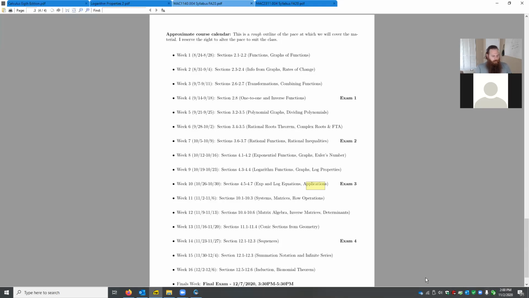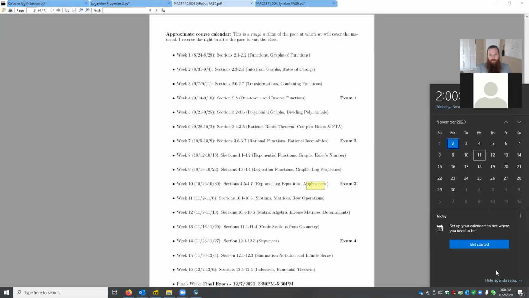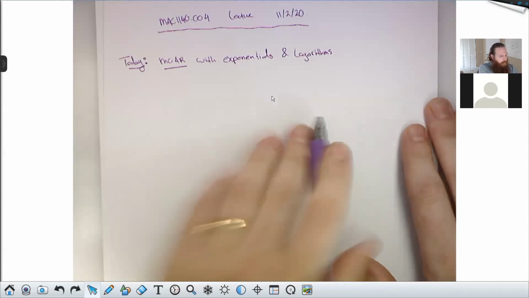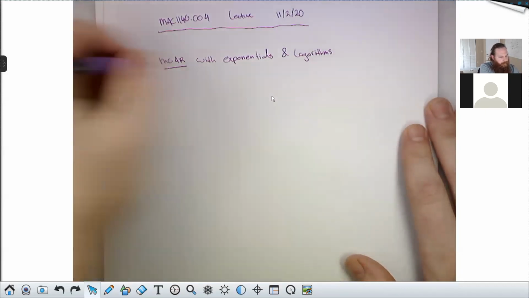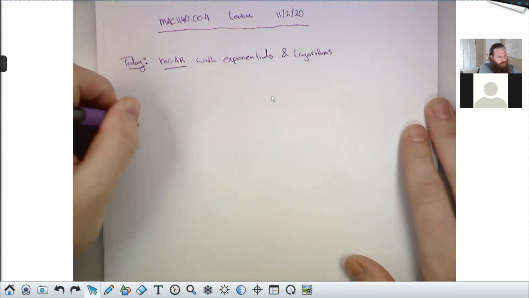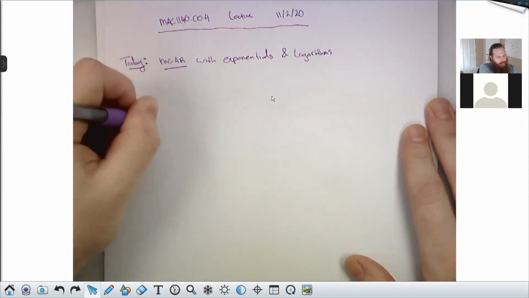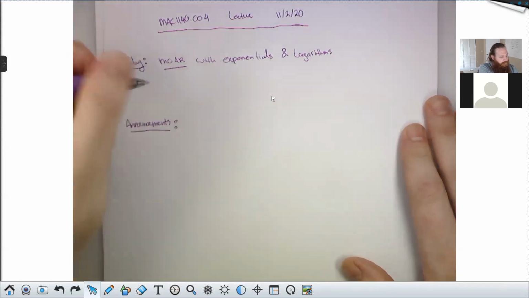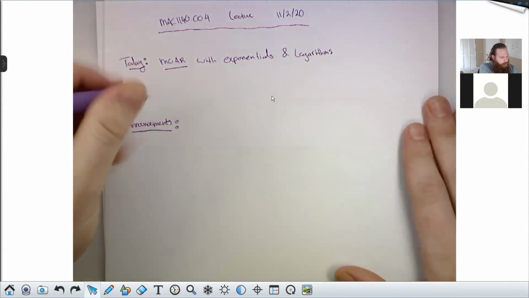So if you want to, let's come back here and mark this on our calendars. That will be the 11th. Logarithms. So I'll leave a little bit of space here. I know this seems like it's happening really fast. But that's just how the semester feels at this time of the year.